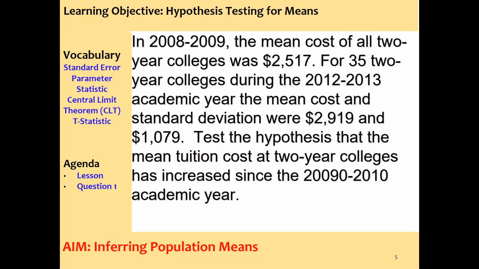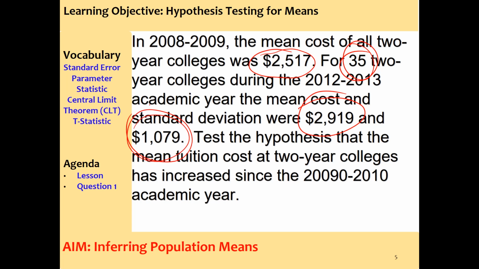So let's do an example problem. In 2008, 2009, the mean cost of all two-year colleges was 2,517. For 35 two-year colleges during the 2012-2013 academic year, the mean cost and standard deviation were 2,919 and 1,079.